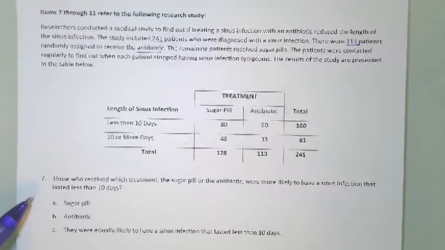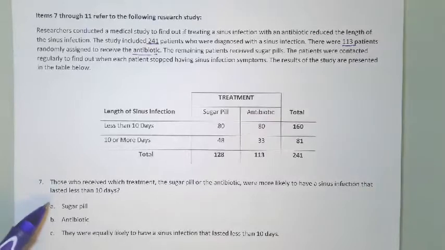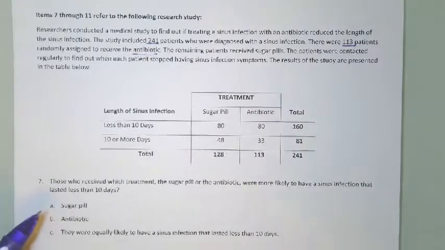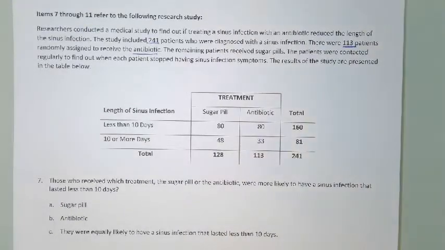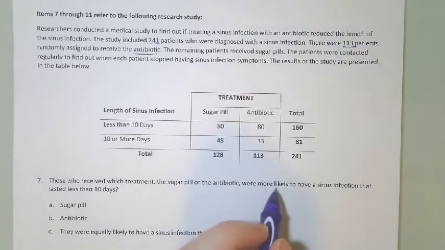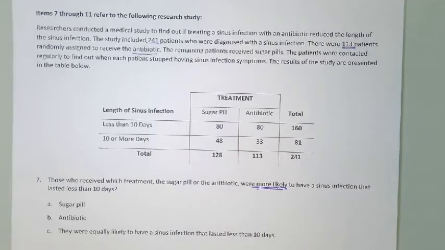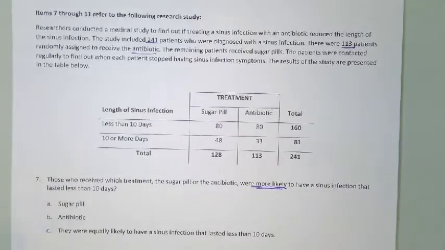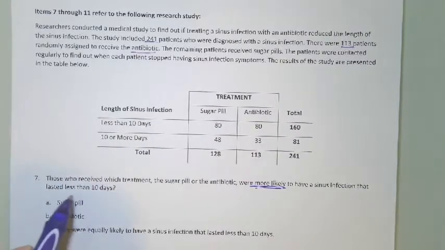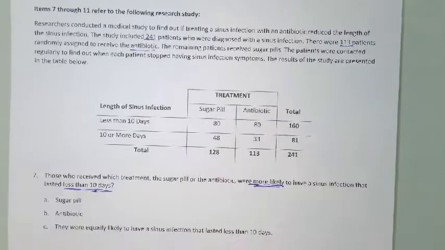Question number 7 says, those who received which treatment, the sugar pill or the antibiotic, were more likely to have a sinus infection that lasted less than 10 days.